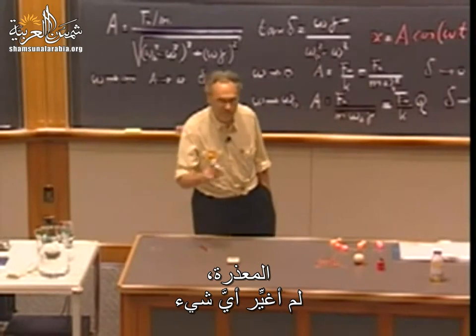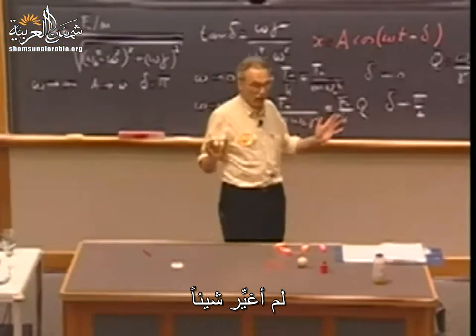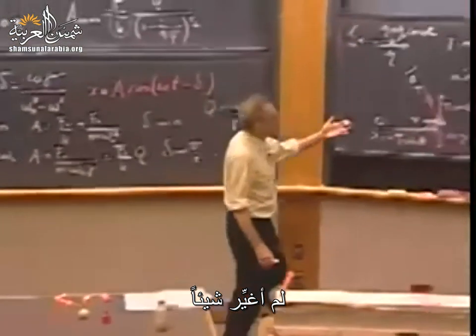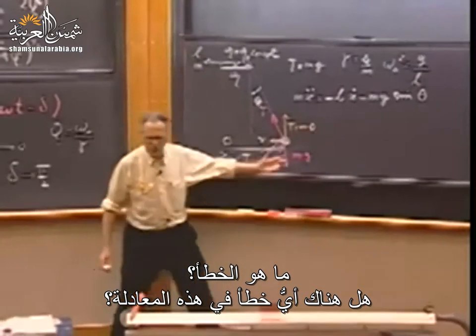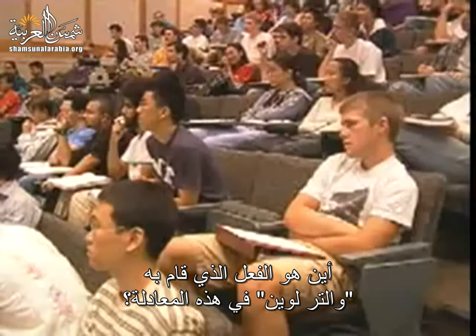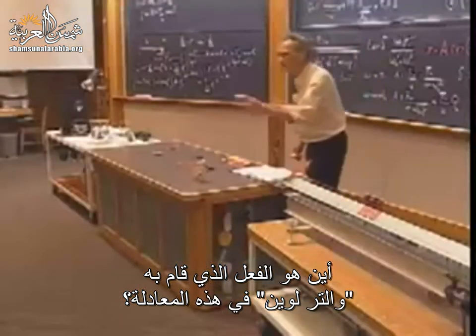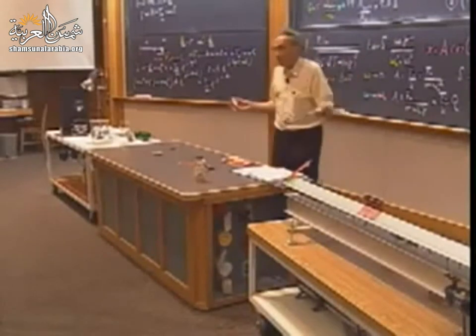Did you change the angle? I changed nothing. Would I change anything? I've changed nothing, but I don't see myself anymore. So what's wrong? Where do I show up in this equation?